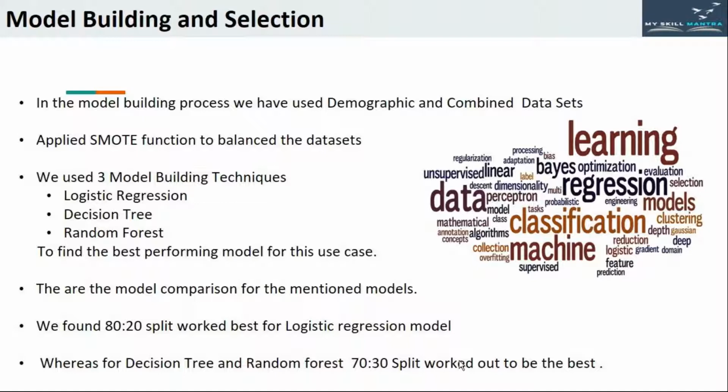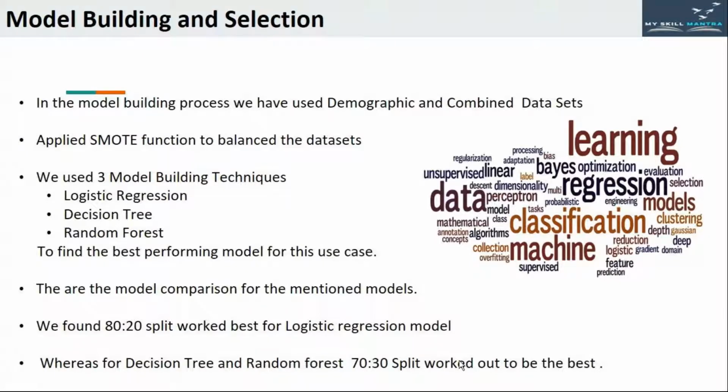So we chose quite a few model building techniques. We went through quite a few rounds of model building, and we finally shortlisted three algorithms, namely logistic regression, the decision tree, and the random forest. So we split the data into train and test, to avoid overfitting, so that your model learns the data, it doesn't memorize the data.